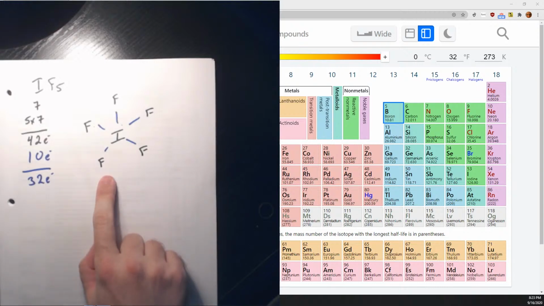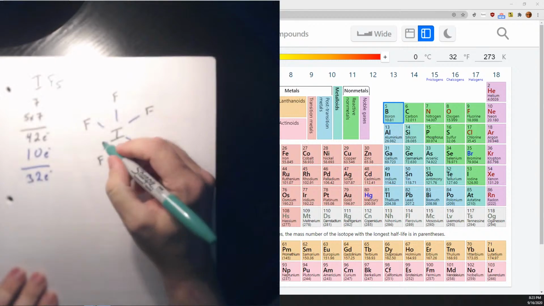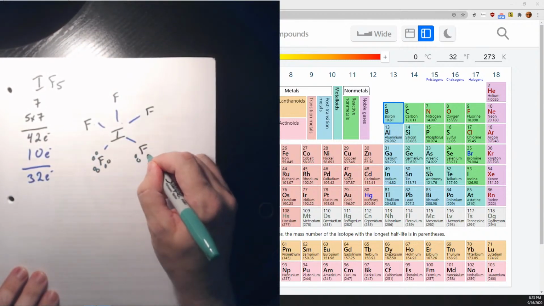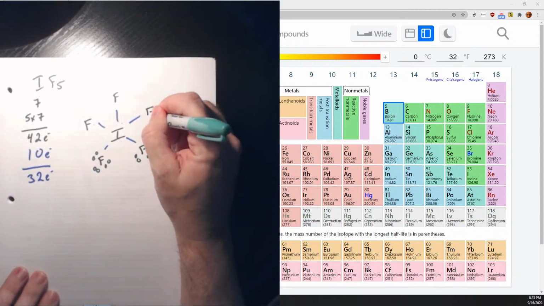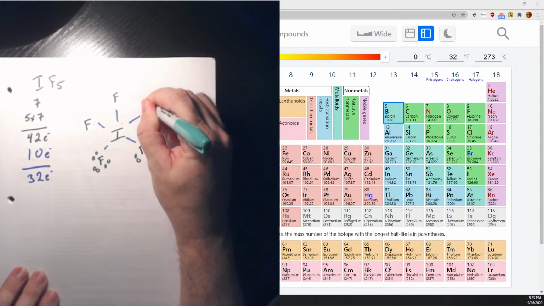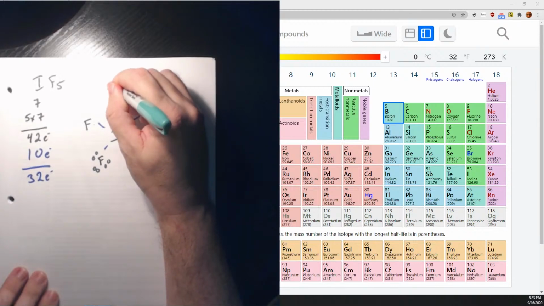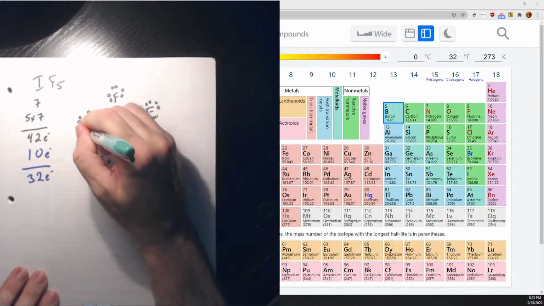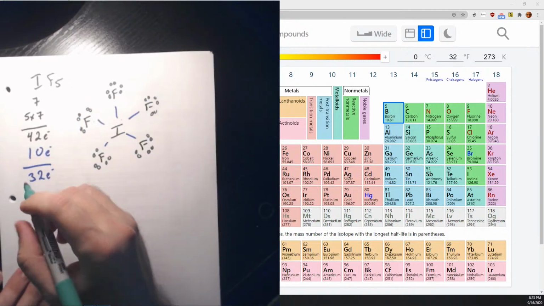Now we fill in the octets on our fluorines by adding lone pairs. So 2, 4, 6, 8, 10, 12, 14, 16, 18, 20, 22, 24, 26, 28, 30.